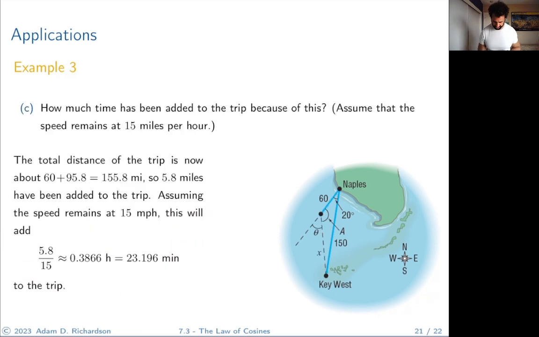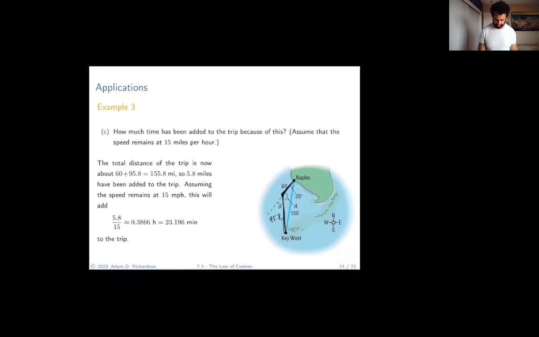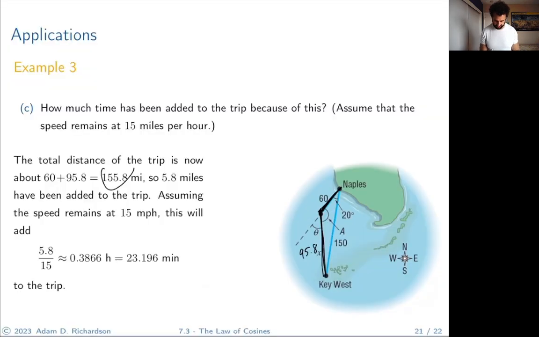So remember, we found that length. Let me go back to this picture again. We know this length is 60, and we know this length is 95.8. So that's the total distance that we are now going to be traveling on this trip. 60 plus 95.8 is 155.8, so that's now the total distance.